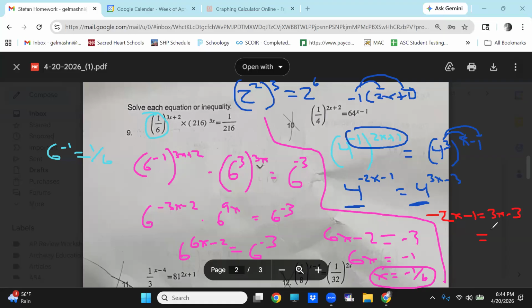I did plus 1 to get the negative 2x isolated. Okay, you could do that. And then I do the same thing on the other side.